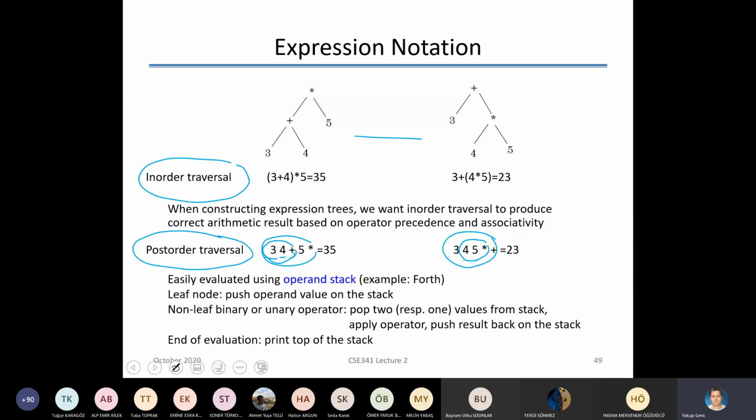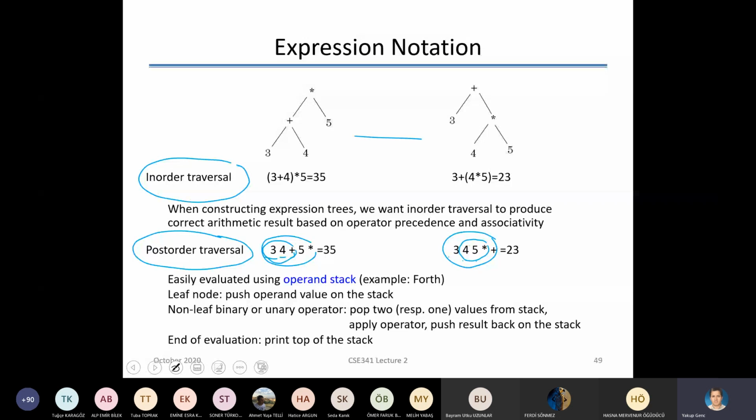However, the difference between these two is that with post-order traversal, if you have an expression tree, or in our case, a parse tree, you can easily evaluate the value by using an operand stack. That means you can just stack the thing.